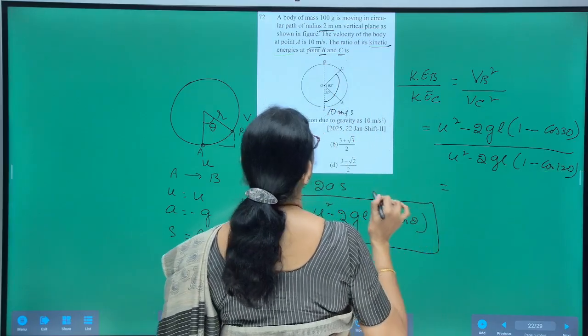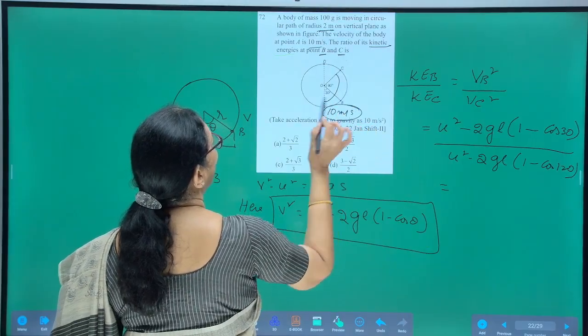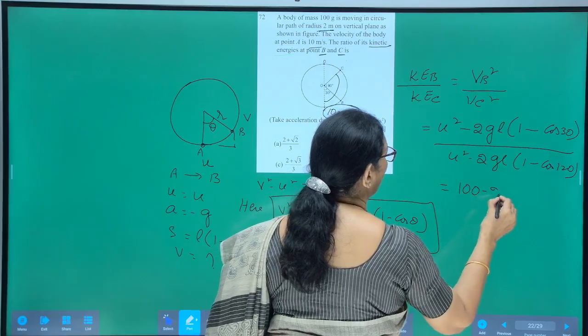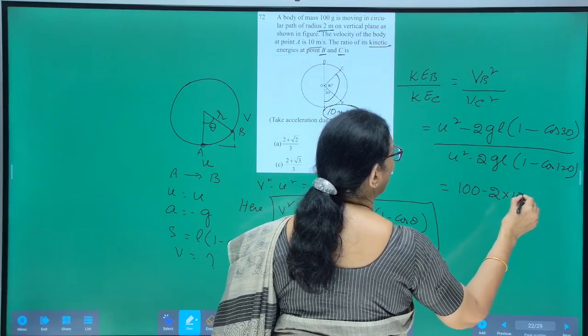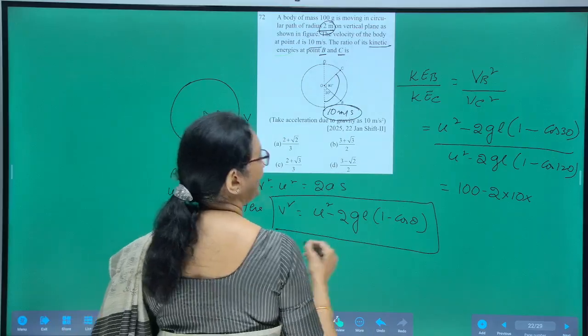So, u at this point is given as 10 meter per second, 10 square is 100, minus 2, g is given as 10, and the length of the string is given as 2 meters.